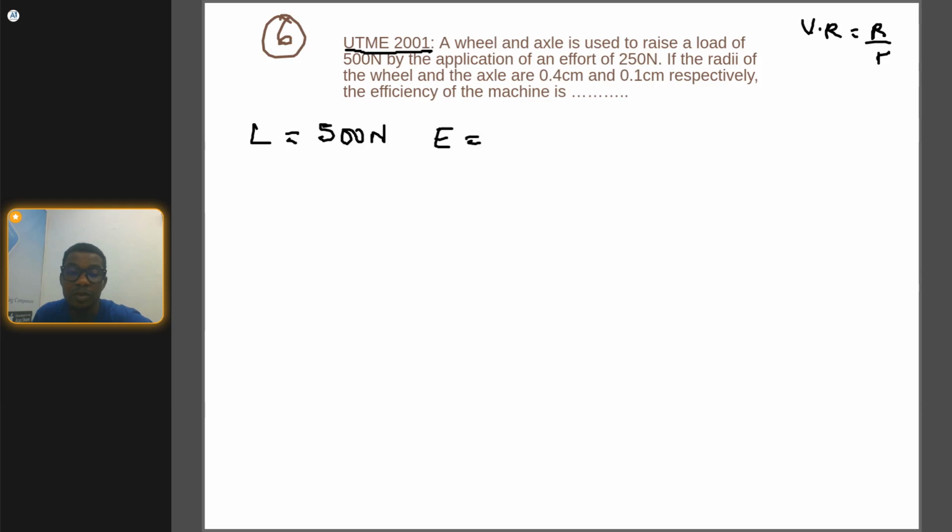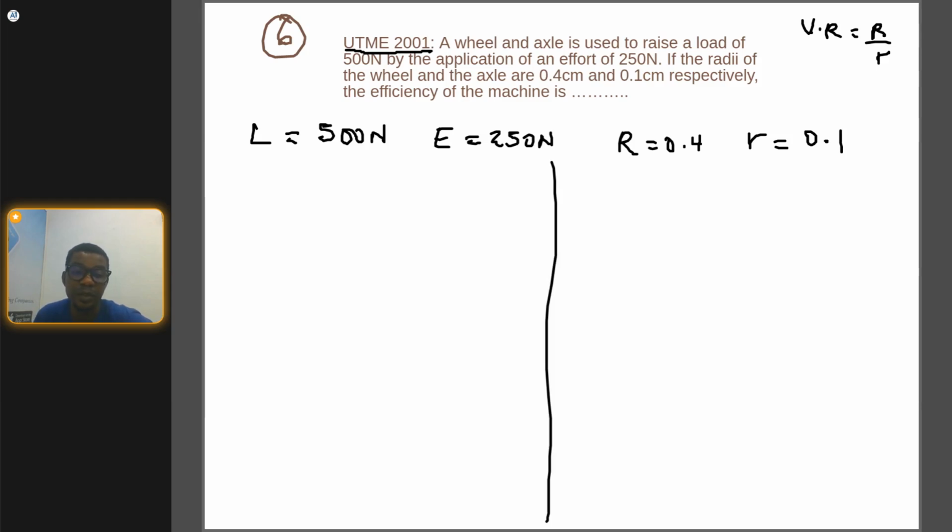Effort equals 250 Newton. Now we are asked to calculate the efficiency of the machine when we are given the radius to be capital letter R 0.4 centimeter, small letter r 0.1 centimeter.